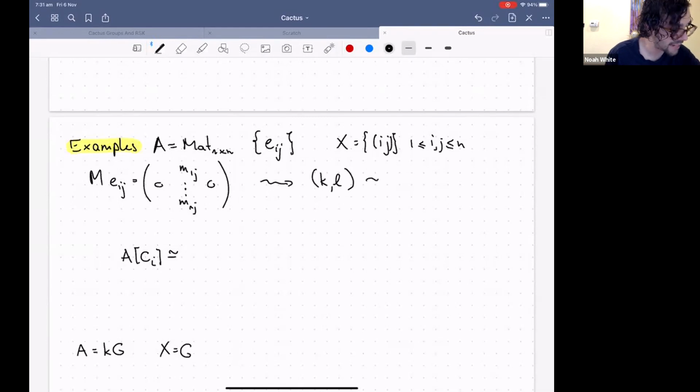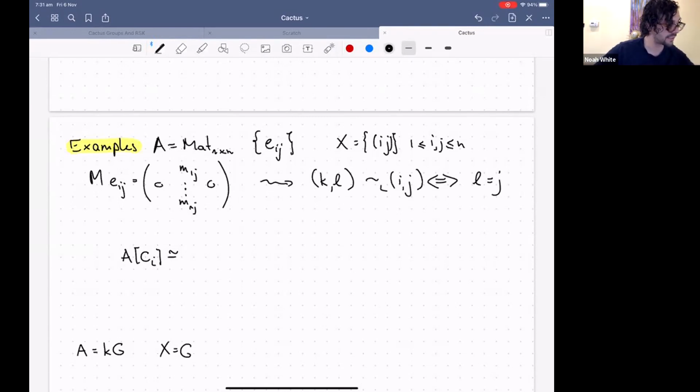So two of these pairs are going to be left equivalent if and only if l equals j. So the cells are basically the columns of the matrix. If you take the right order, you get the rows. If you take the two-sided order, you get just a single big cell. But what does this mean?